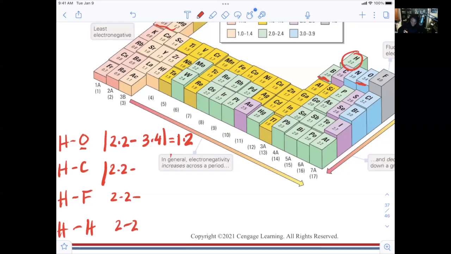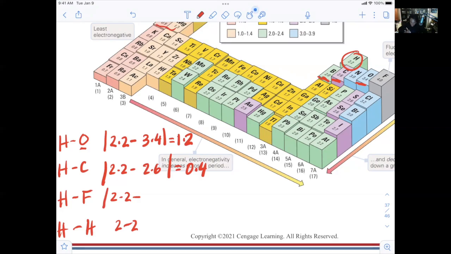Okay, same thing over here. 2.2, and what is carbon? Carbon is 2.6. I hope I'm reading this correctly. Yeah, 2.6. So 2.2 minus 2.6. The gap I get here is technically -0.4, but take the absolute value, 0.4.